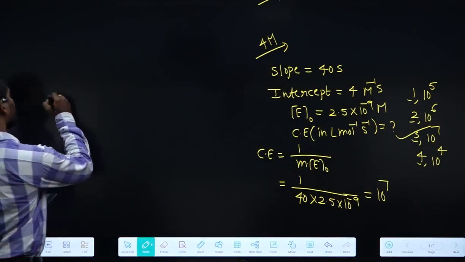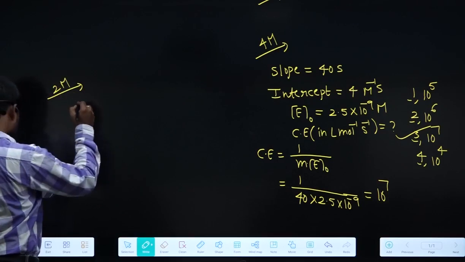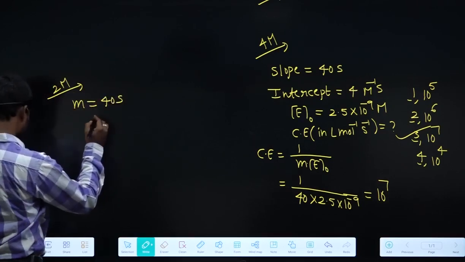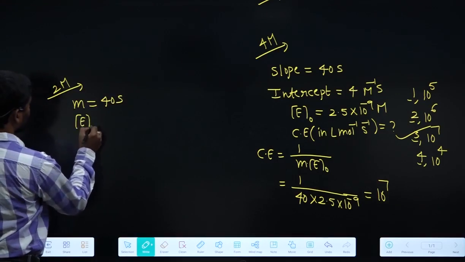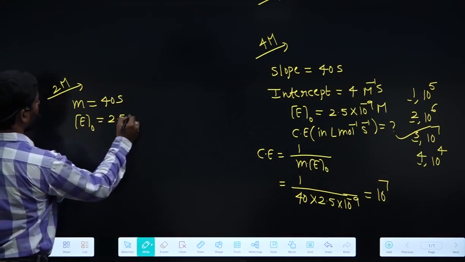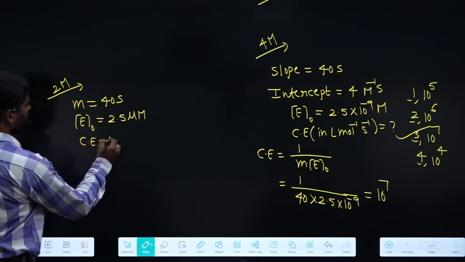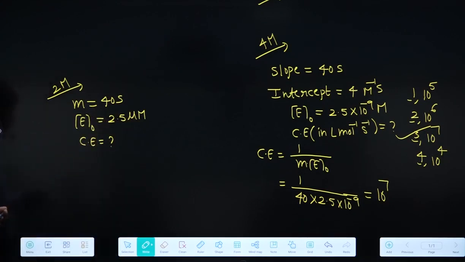Similar question given for 2 marks. And the data given like this, directly I am giving data. Slope given 40 seconds. E naught given 2.5 micromolar. What about catalytic efficiency? This is given for 2 marks.